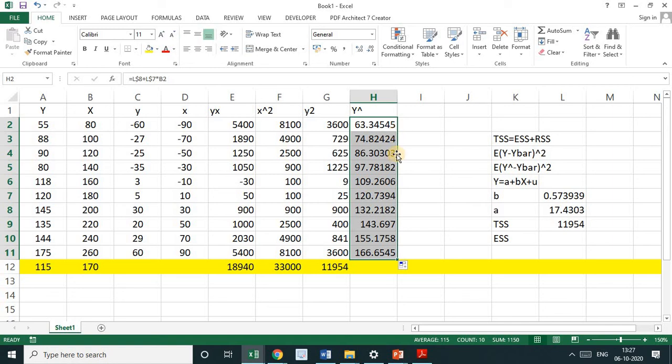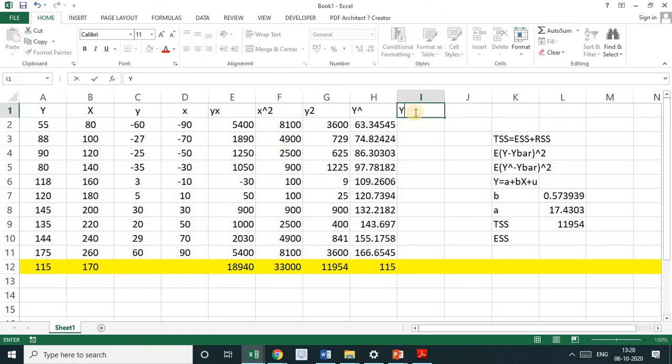If you find the average of y cap, you will get the same average as y. So the average of yi and the average of y cap will be the same. Now you find y cap minus y bar, so it will be small y cap.